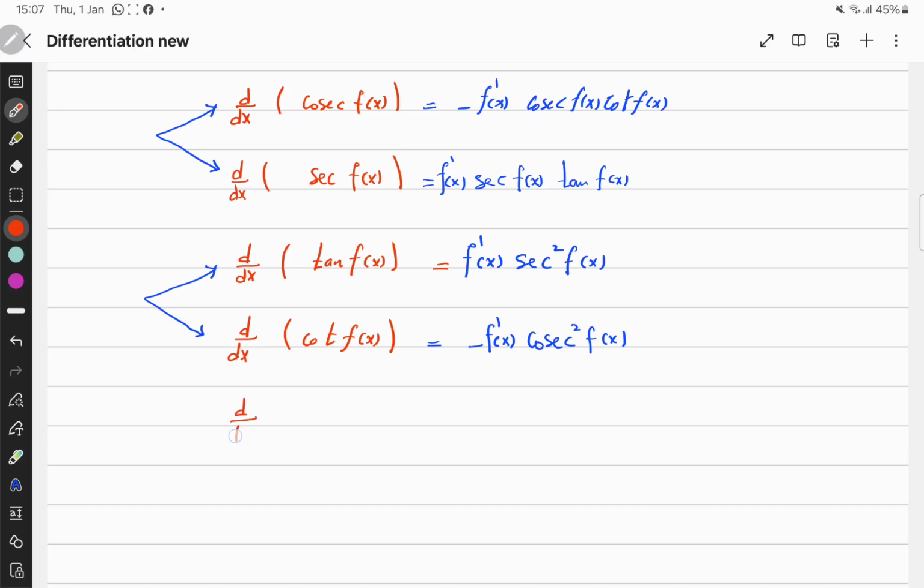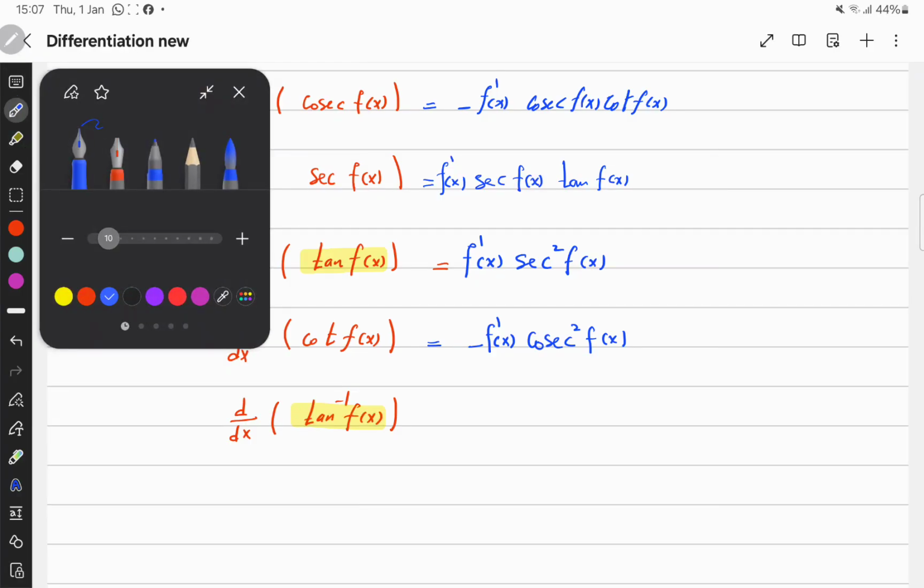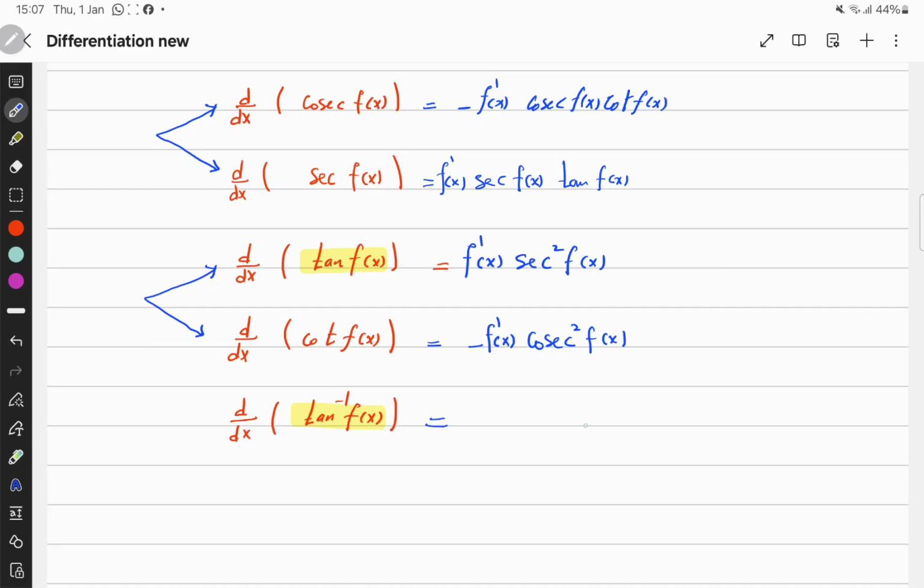So we will go back now to the derivative of tan inverse of f of x. It's not looking like tan. There is a difference between tan and tan inverse. The tan inverse, we differentiate it as you see now.